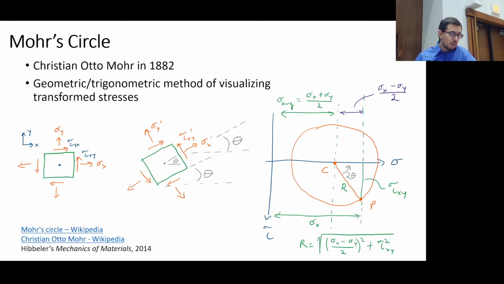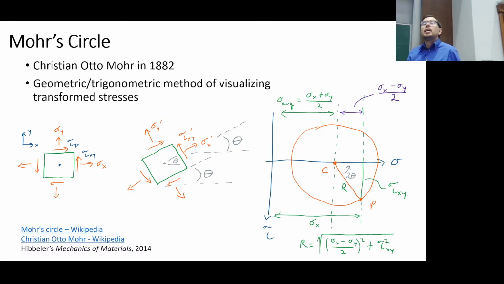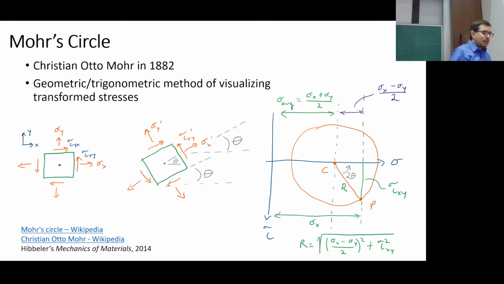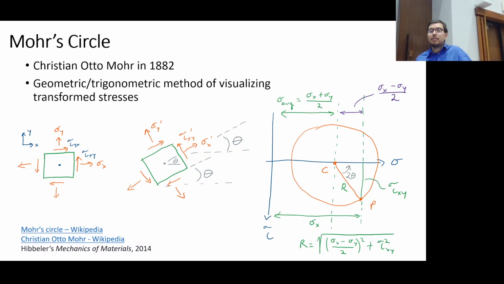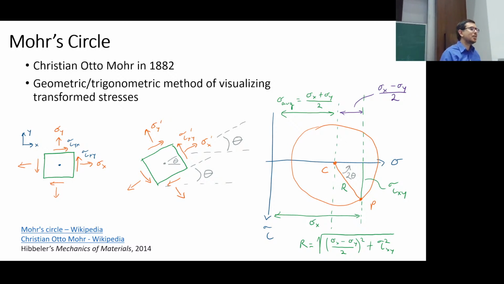All right, so new material. Otto Mohr, Christian Otto Mohr, okay? German professor who made contributions to structural mechanics, wrote a book, published some papers. I don't know when he was born, but I know that he retired in 1900 and died in 1918, according to Wikipedia. He made contributions to indeterminate static systems.